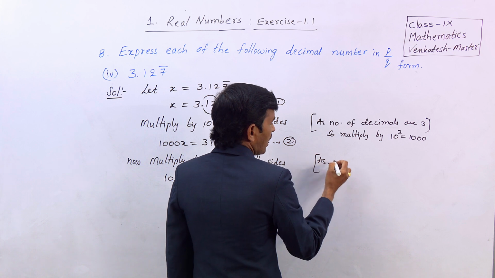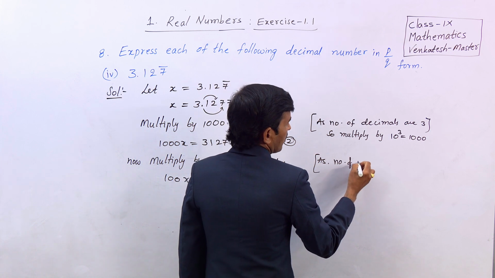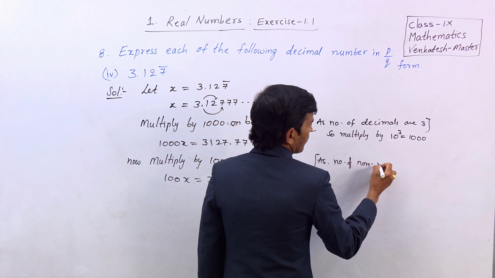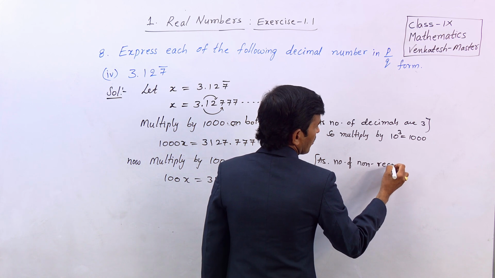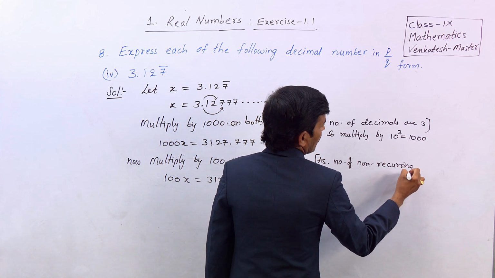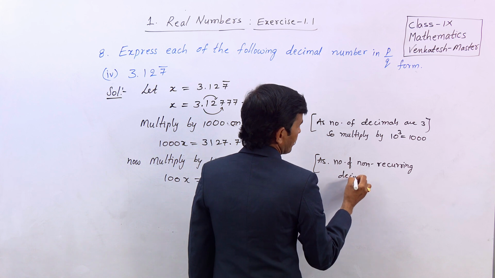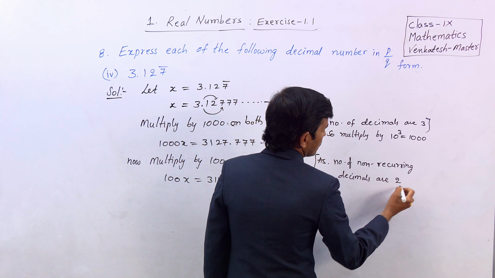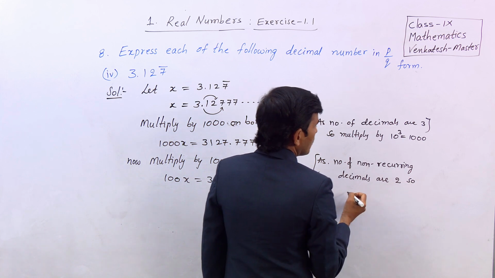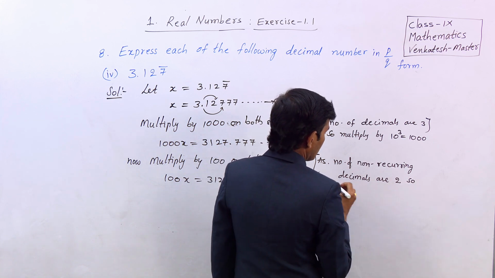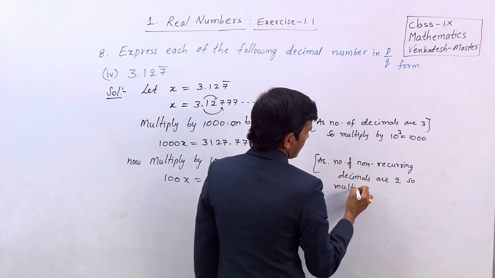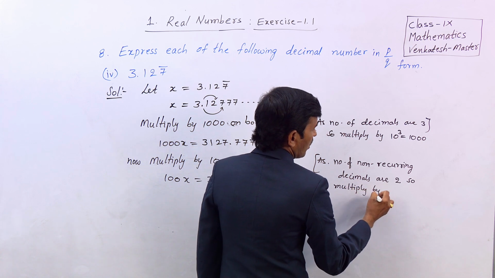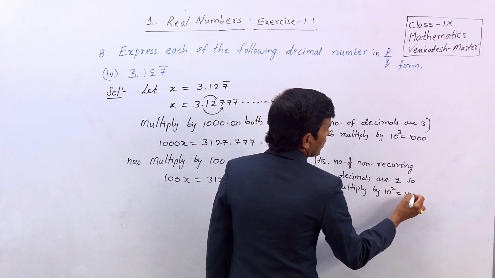Next, as the number of non-recurring decimals are 2, so multiply by what? 10 square, nothing but 100.